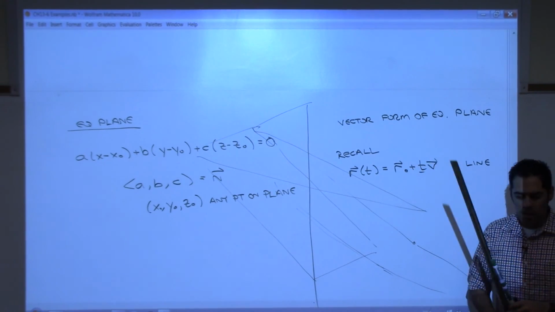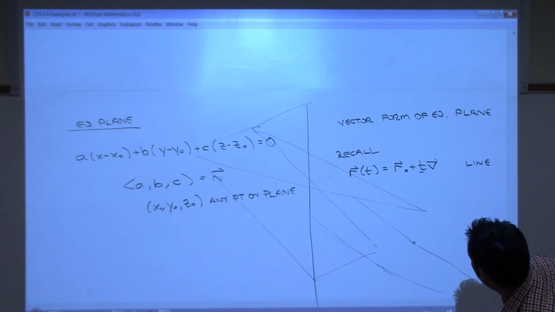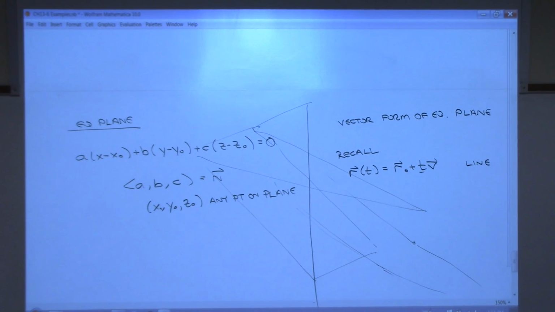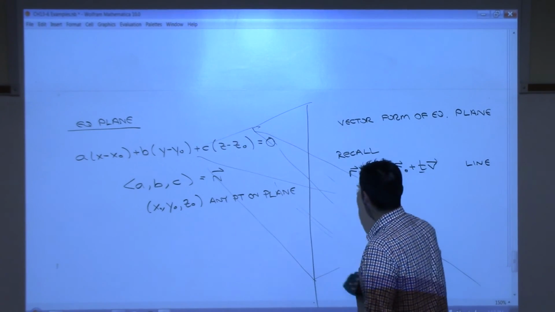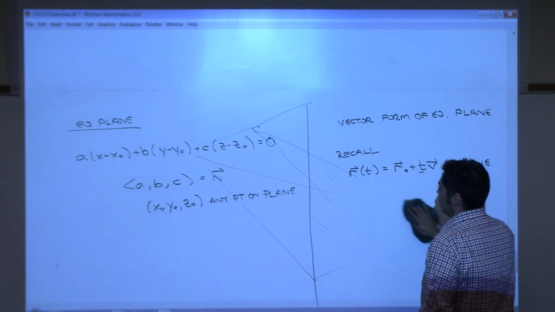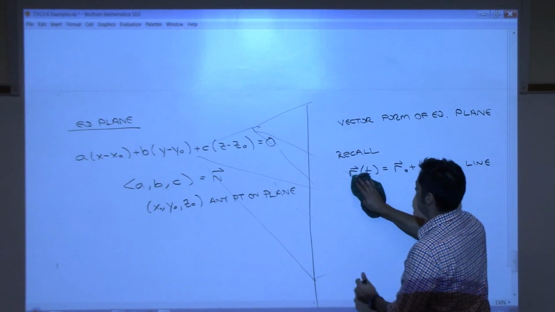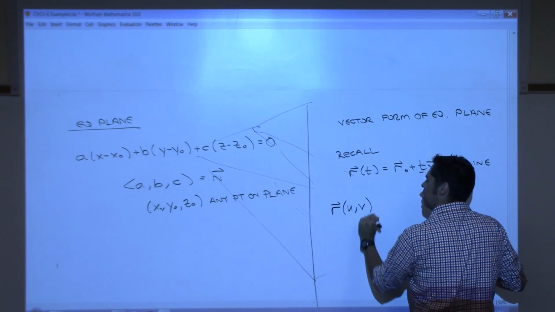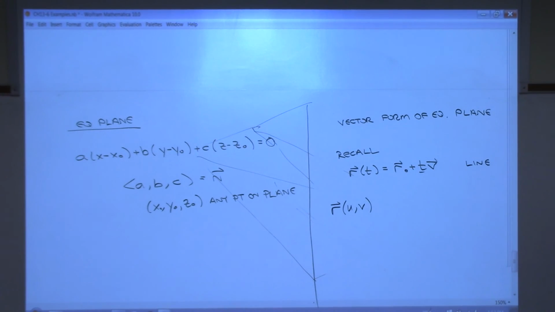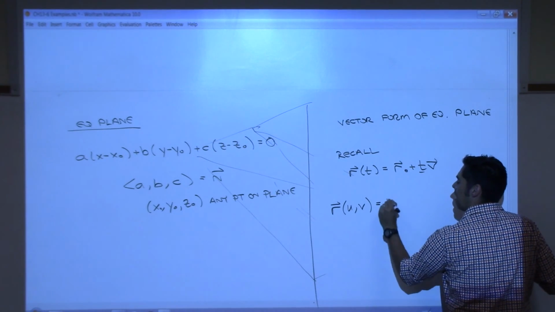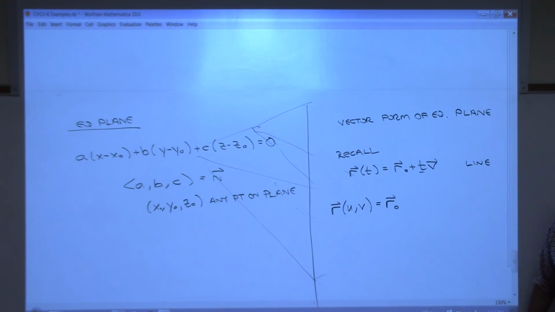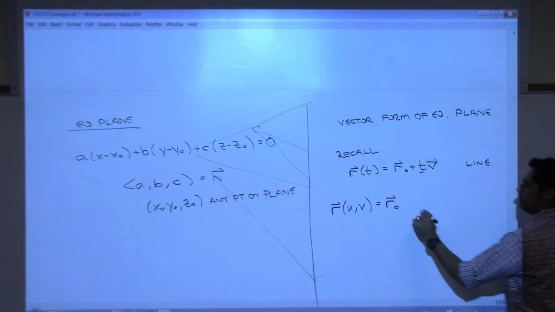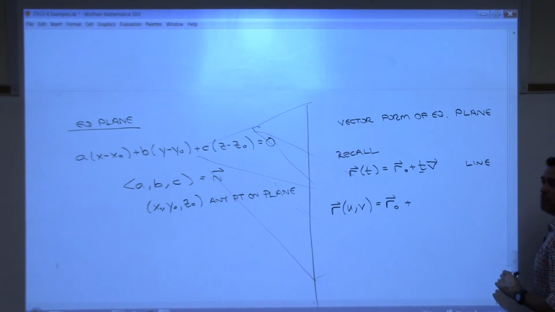All right? So what our equation turns out to be for the vector equation of a plane, it's going to still require a base point. I'm going to use u and v because it's a surface, right? So it's got to have u and v in it. I start with the base vector point, I add to it every multiple of some direction vector.